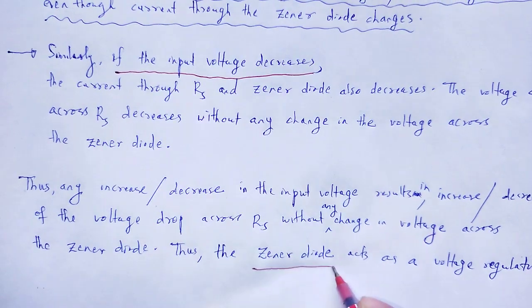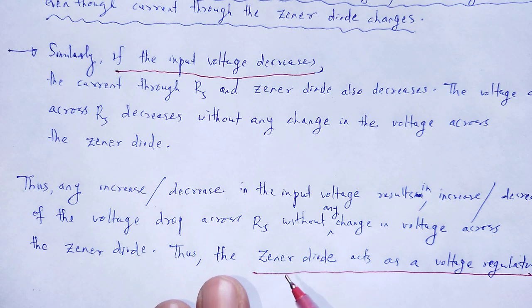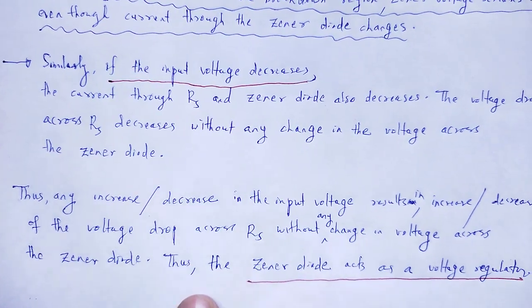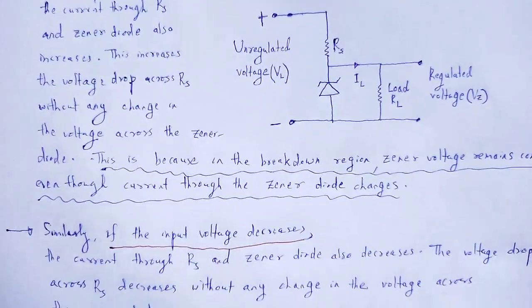Now, the Zener diode acts as a voltage regulator, and we can easily select the Zener diode according to our required output voltage and accordingly the series resistance Rs.